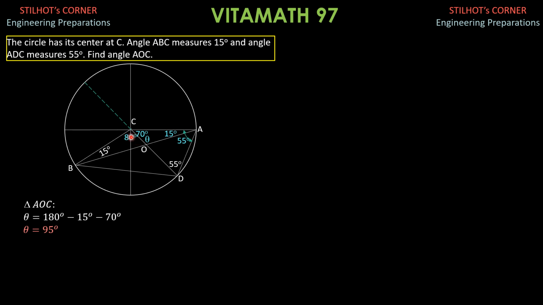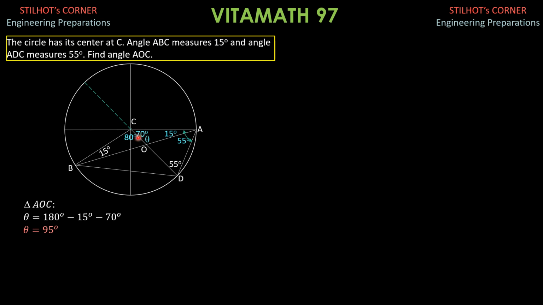And this angle here is 80 degrees because angle ACB, the sum of the interior angles, is 150 degrees. 180 degrees minus 15 degrees minus 15 degrees is equal to 150 degrees. So that's angle ACB.